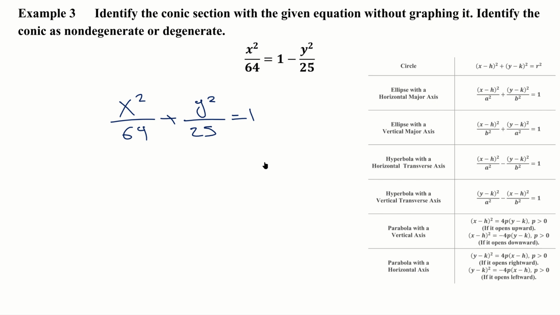This time we're just mostly interested in identifying, right? So we know that this is an ellipse, which is one of the non-degenerate conics. All right, and that's all we have to do there.